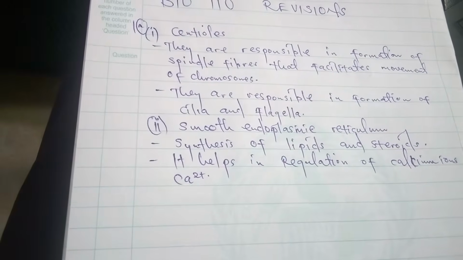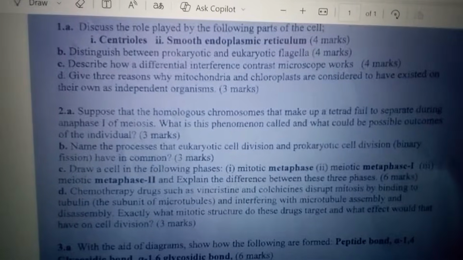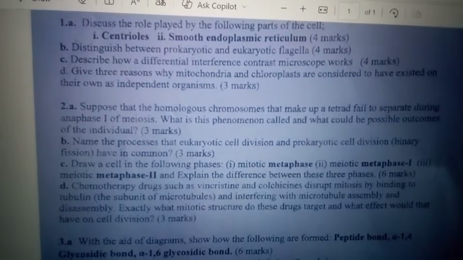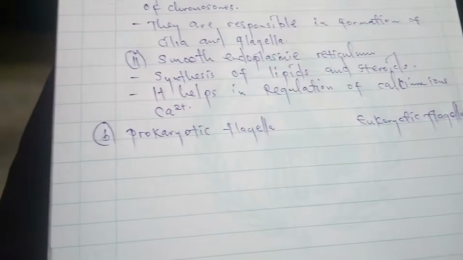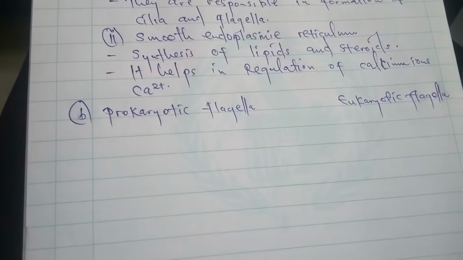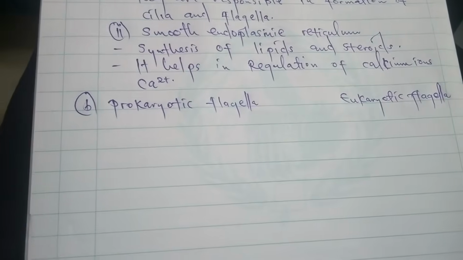We proceed to the next one. The second one, they are saying distinguish between prokaryotic and eukaryotic flagella. 4 marks. There are various ways of differentiating, but it's very cardinal to write them in a table, or in this way that I'm going to represent it.